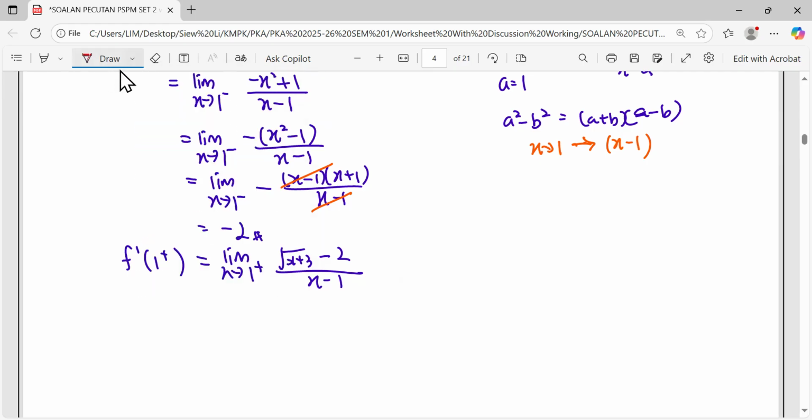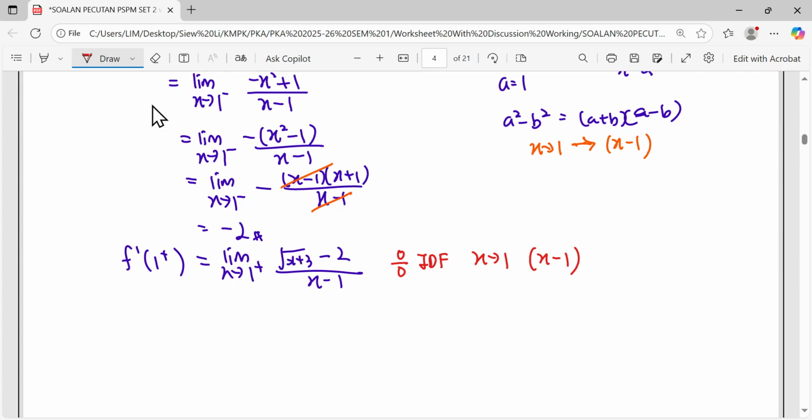Our attention will be to try substituting the value first. Substitute, what happened? 0 over 0, indeterminate form again. So to solve this kind of indeterminate form, what makes it 0 over 0? When you substitute x equals to 1, it makes 0 over 0. So your factor that makes 0 over 0 is x minus 1. Whatever steps of simplification, you must be able to cancel the factor that makes 0 over 0, which is x minus 1.